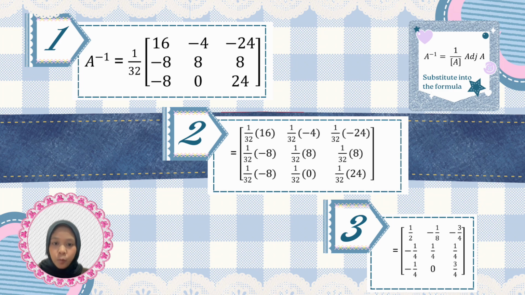By placing our adjoint values into the matrix and multiplying each element by the fraction 1 over 32, we simplify the value. This gives us the final inverse matrix, which includes elements like 1 over 2, negative 1 over 8, and negative 3 over 4.